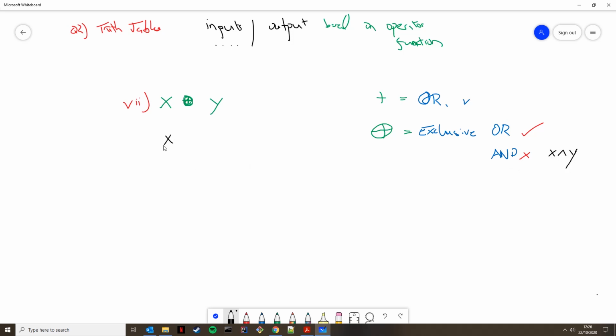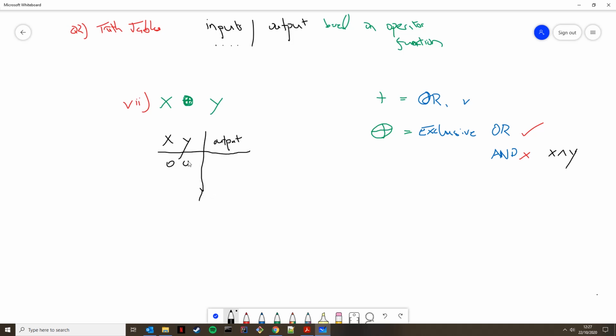So let's draw this out. X, Y, output. Anyway, you don't have to write output, you can write the actual symbol X or Y in here if you like. I just like using the word output.